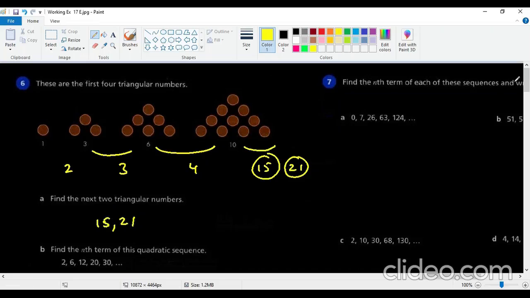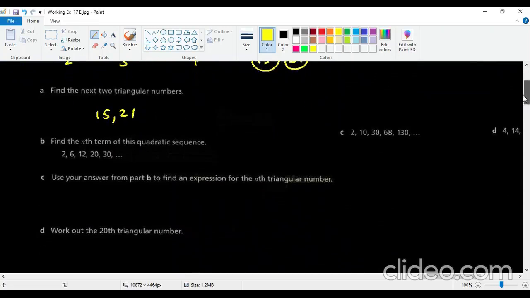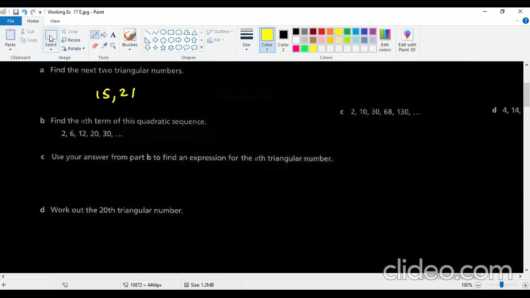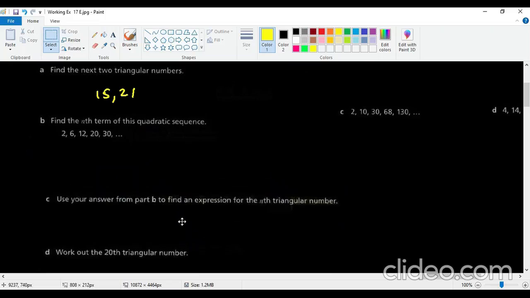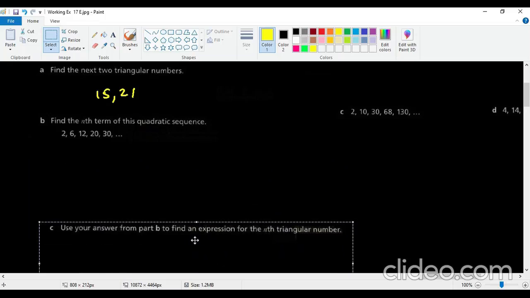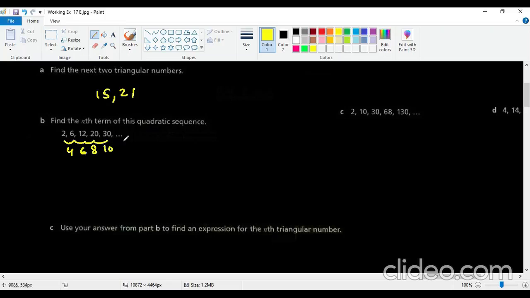Now comes find the nth term of the quadratic sequence. Now first of all find the difference. So the first difference between these two is a 4, between these two is a 6, between these two is an 8, next is 10, that means 12.